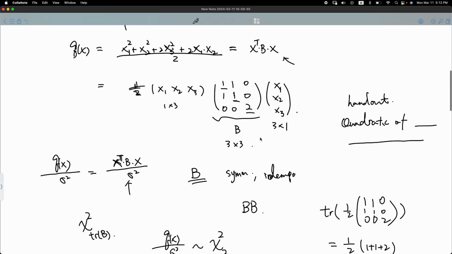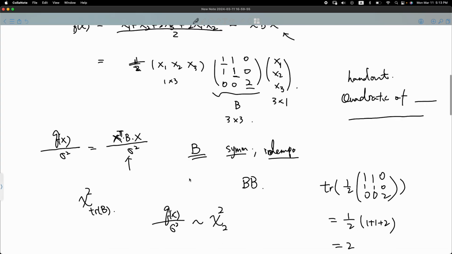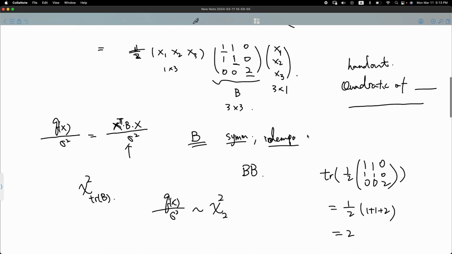And then we find out that the matrix B, the one that we read off the coefficient from here, is actually symmetric and idempotent. And then we apply the theorems from your handout that you guys derive in the lecture, that whenever you have these conditions satisfied, then this over sigma square follows a chi-square distribution with degree of freedom trace of B. And then we just calculate the trace from here, and then this should be your conclusion for the question. Is there a question or comments?